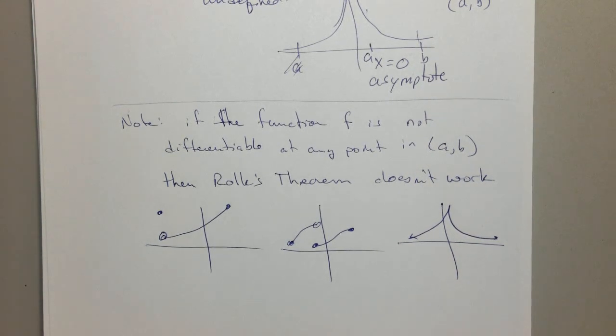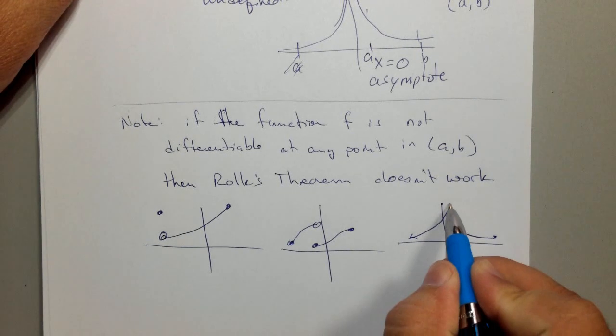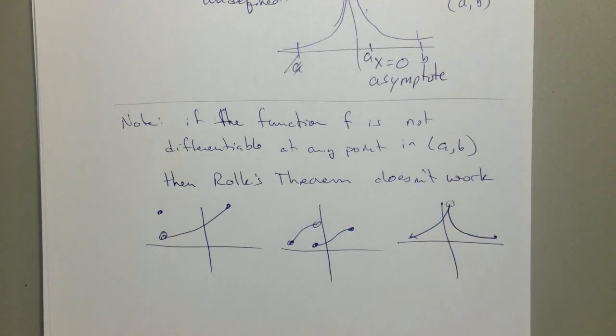Or has a location where it's continuous but not differentiable. Remember, in chapter 2 we said if you have a point, it's not differentiable because the limit doesn't exist at that point. These are 3 conditions where it doesn't work.